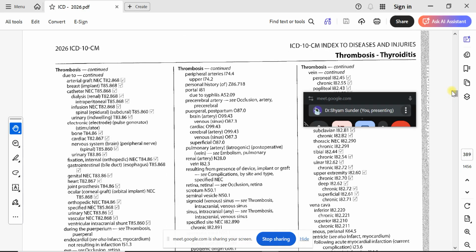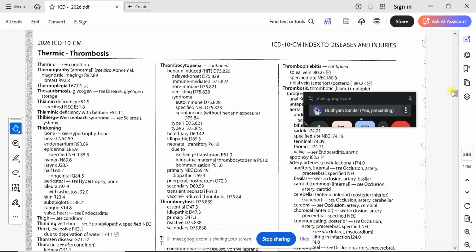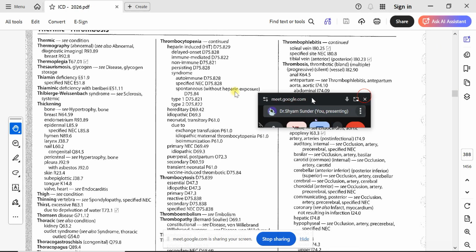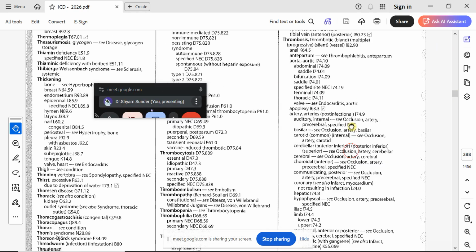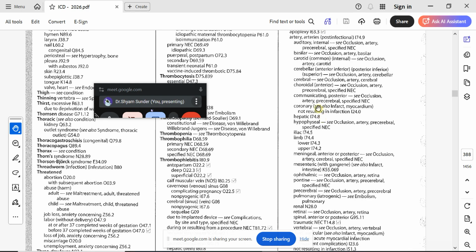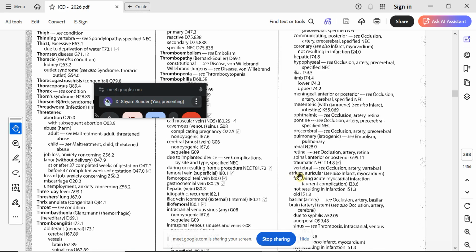Thrombosis. It started here, right? Where is the thrombosis? Artery, vertebral artery. So under artery, you have to look for vertebral. Now there is an instruction to see occlusion, so again we have to go to occlusion now because there is no code here.